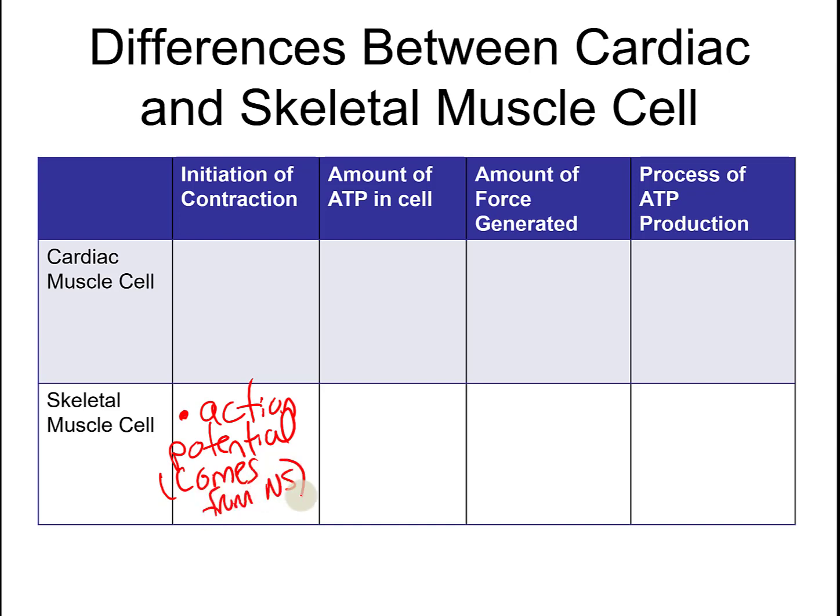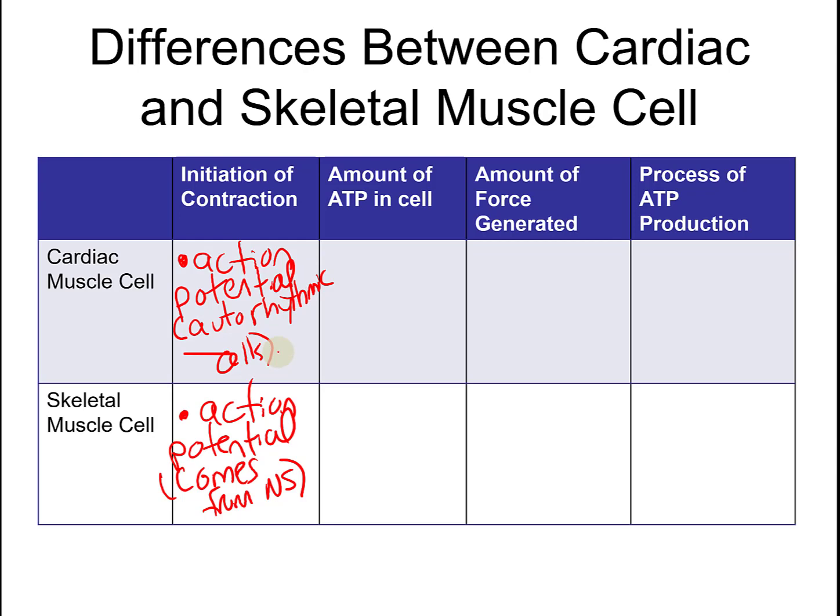In a cardiac muscle cell, the first step in contraction is also an action potential. But this action potential does not need the nervous system. It comes from cells within the heart called autorhythmic cells. Okay, so these are the heart's own action potential generators.